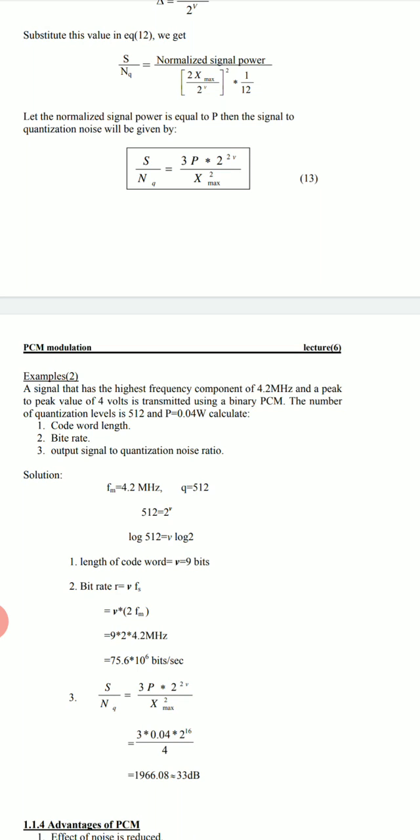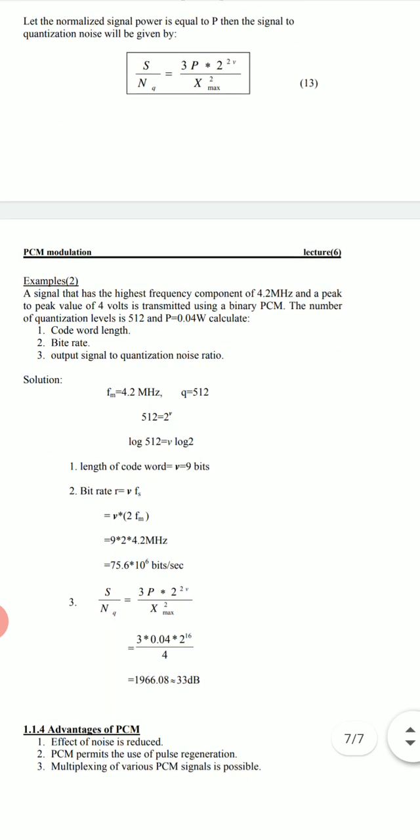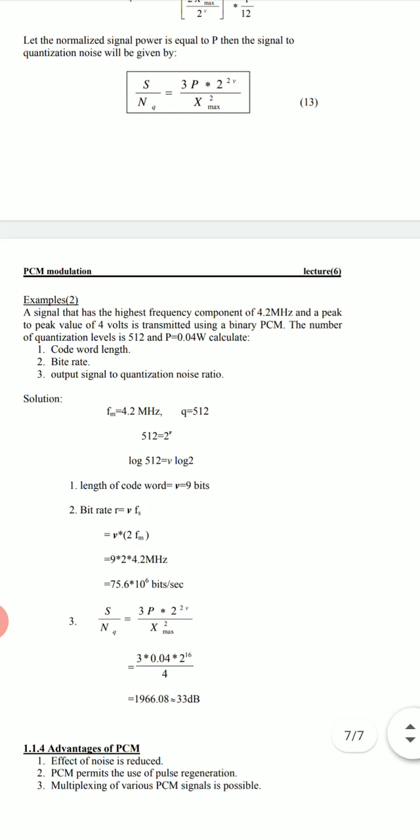Now we will write these given terms. After that, we are supposed to find first the length of code word, V. How will you get it? We have the formula Q equal to 2 raised to V. So firstly you write Q equal to 2 raised to V, which I have already written over one number before.